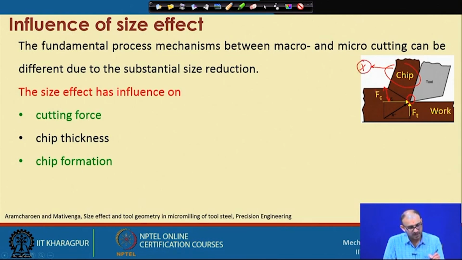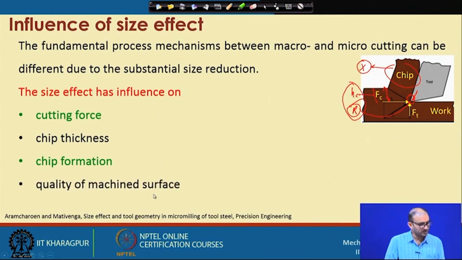Everything depends on the ratio of hc divided by r. This is the hc, the uncut chip thickness, and this r is the cutting edge radius of the tool. So, everything depends on this: which particular instance will give you a chip, or it may not give anything in that case.